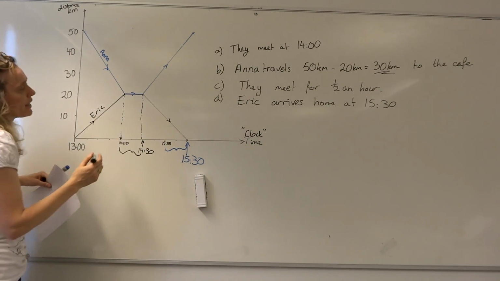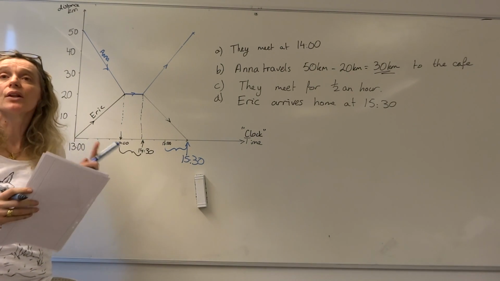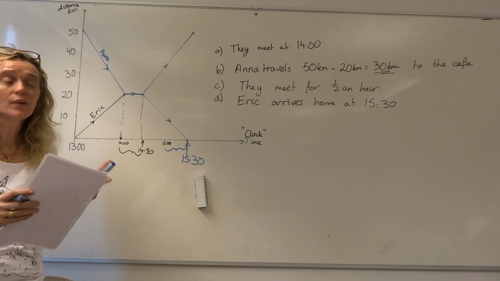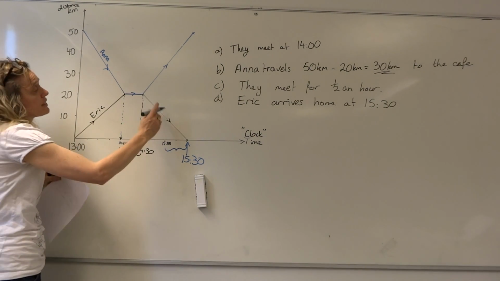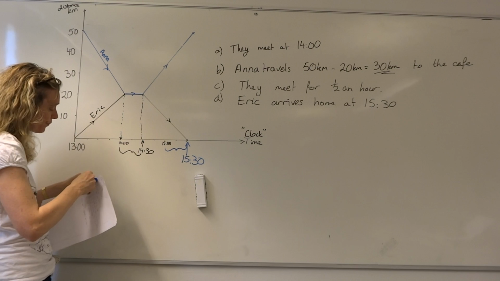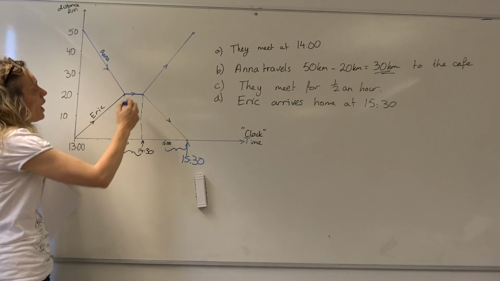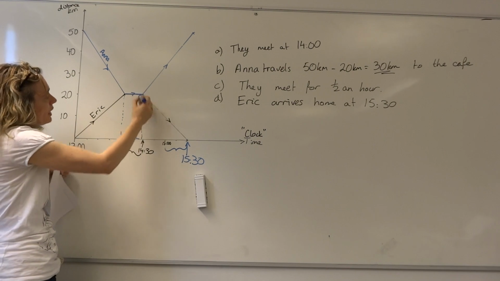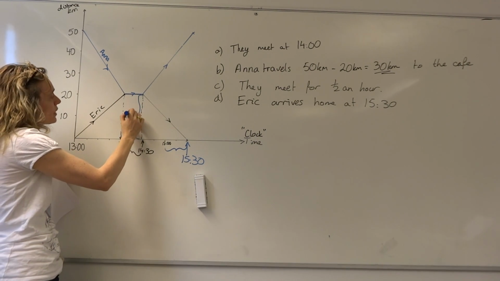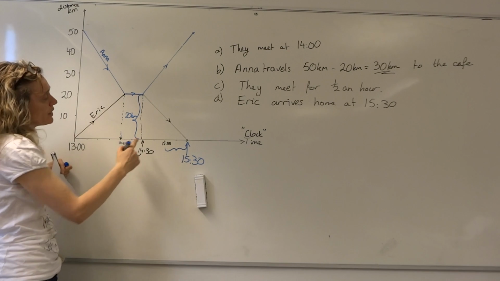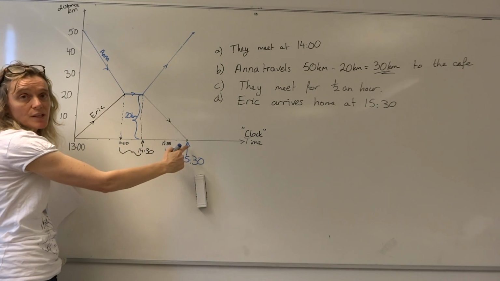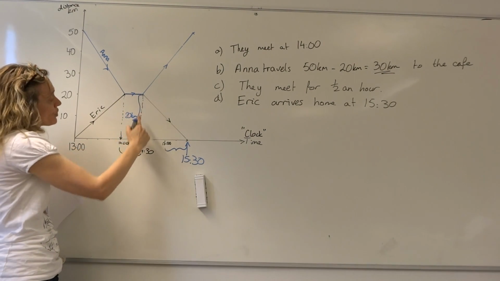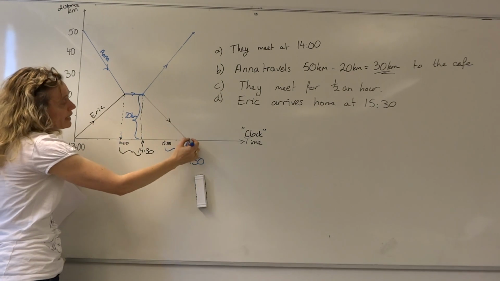Then it says, what's the speed of Anna and what's the speed of Eric? Well, if we take Eric's speed first, speed we calculate by taking the gradient. And the gradient of this line is the difference in the y-axis, so how far did he travel? Here we can see that he's traveled 20 kilometers. And we divide it by the time that has passed. So he started here and he stopped here.